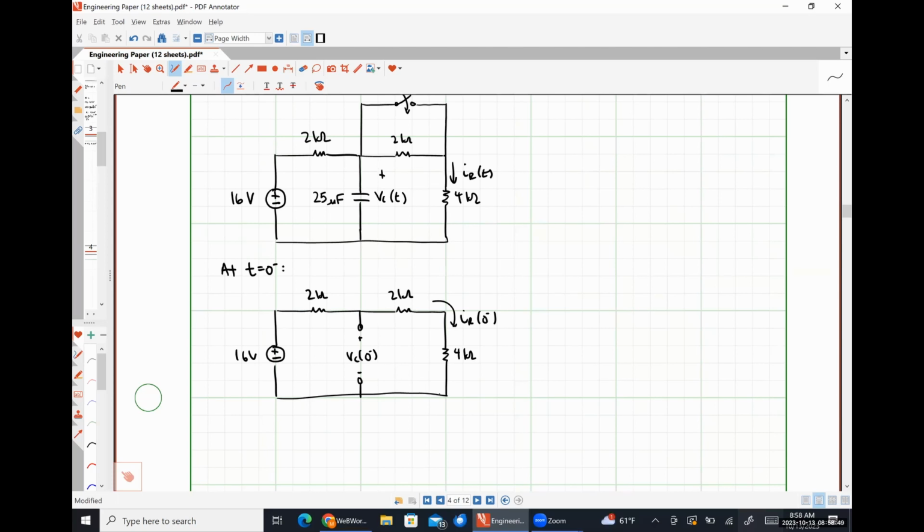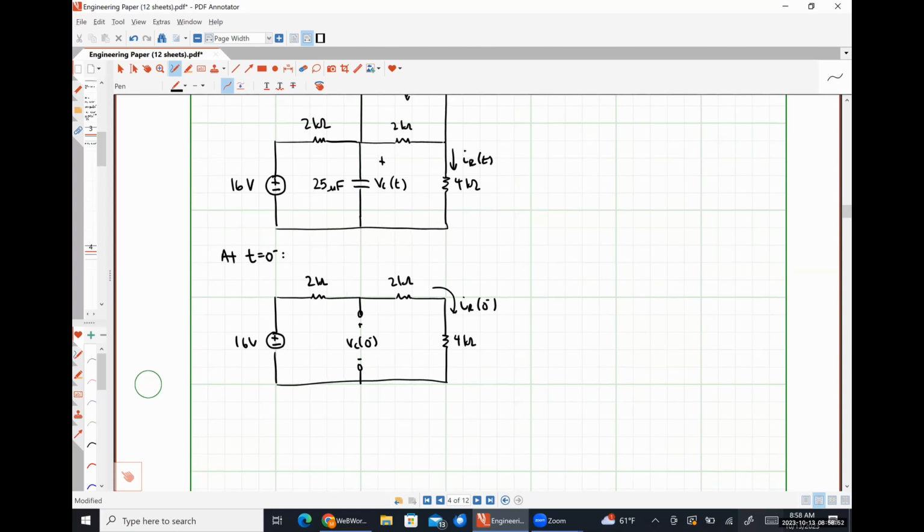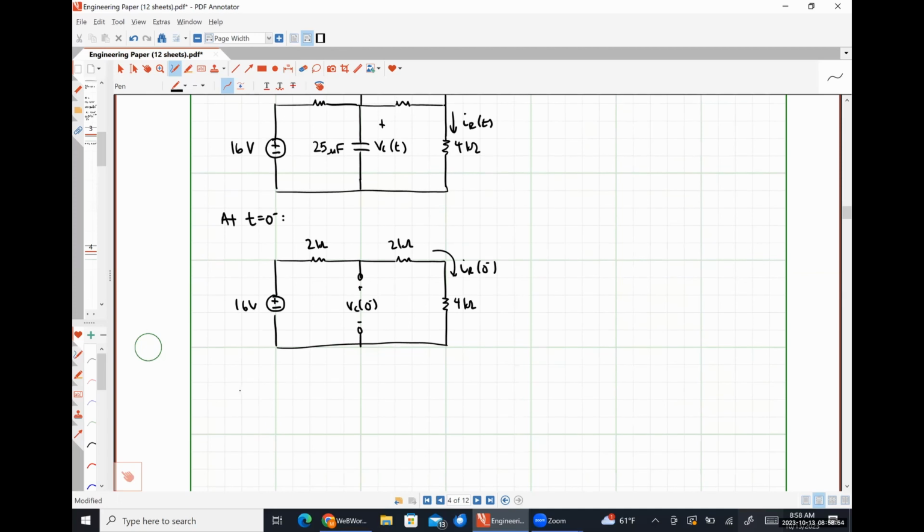So if we did KVL around this loop, what we would find is that negative 16 volts plus 2 kilo ohms plus 2 kilo ohms plus 4 kilo ohms times IR at 0 minus is equal to 0, which means IR of 0 minus is 16 volts divided by 8 kilo ohms, which is 2 milliamps.